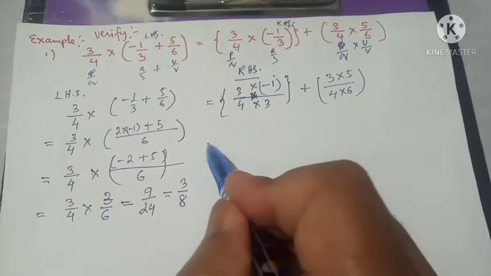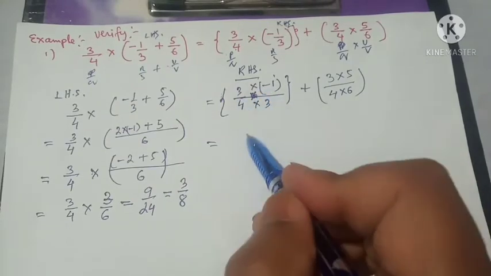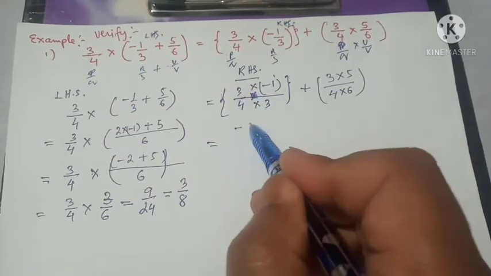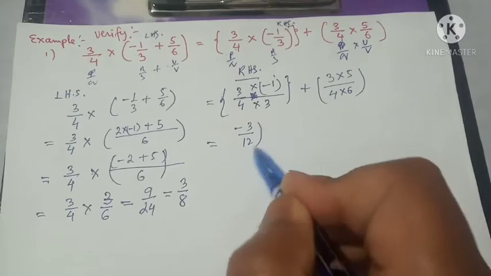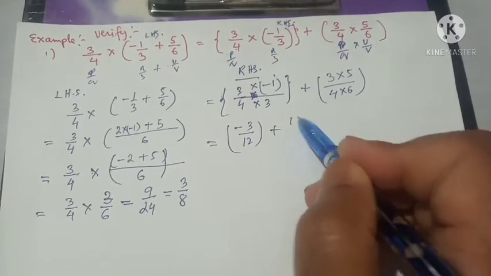The answer here will be minus 3 by 12 plus 15 by 24.